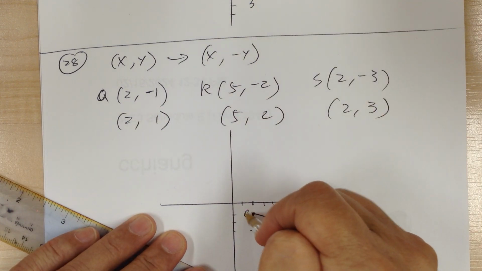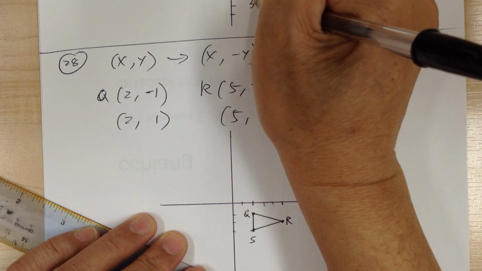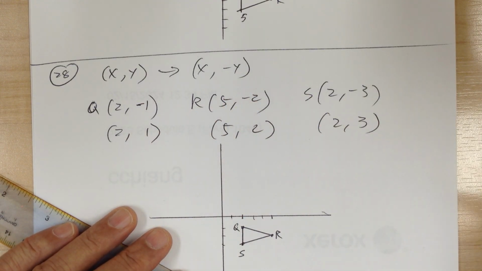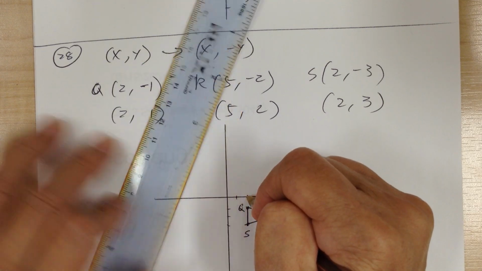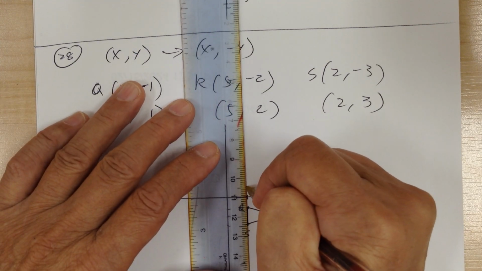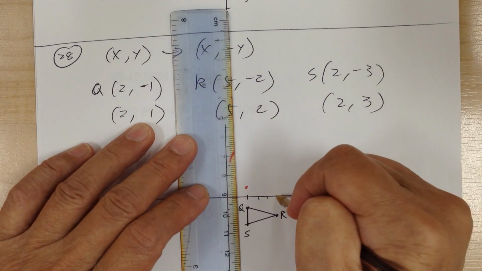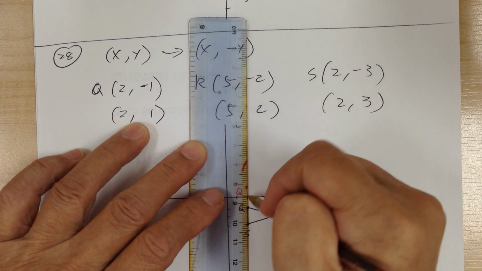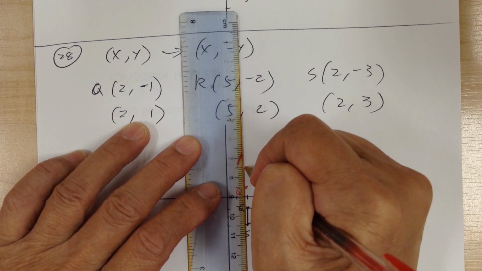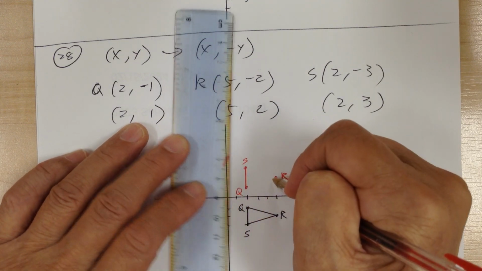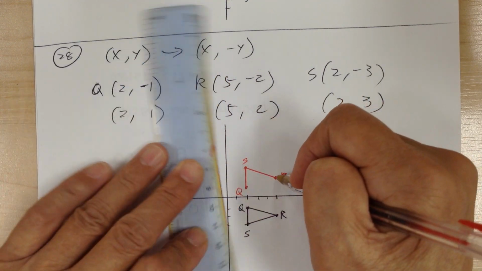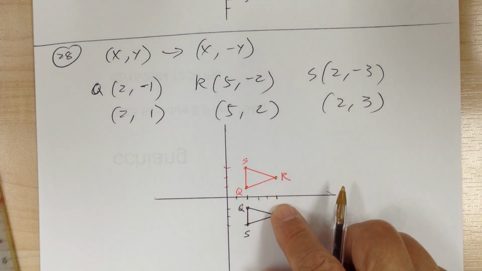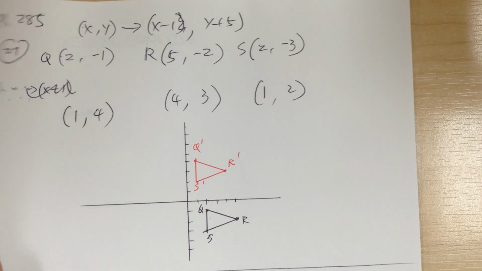Just like before, this is Q, R, S. And so the new one becomes 2, positive 1, and 5, positive 2. So this is the Q, this is the R, and 2, 3. So this is when you reflect over the x-axis. Okay, let's go to the next one.